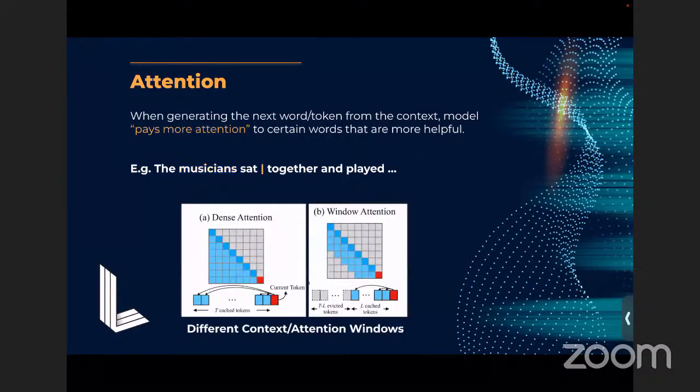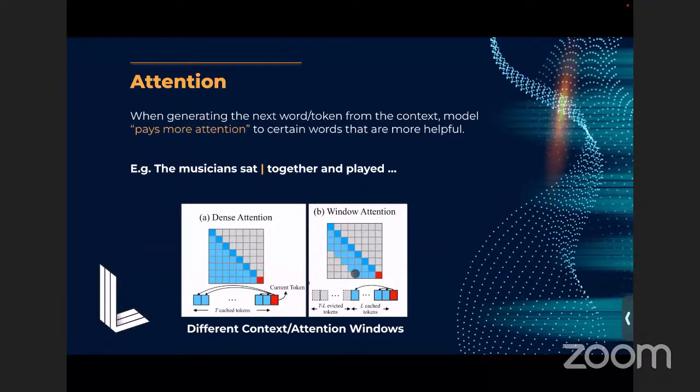And so when we were talking about the different attention designs, dense attention would be where the entire context, everything that has been inputted, is considered. So in this example, it will be the whole sentence, the musicians sat together and played, etc. And so this blue part would be the context, and this red part will be the current token that is being predicted.